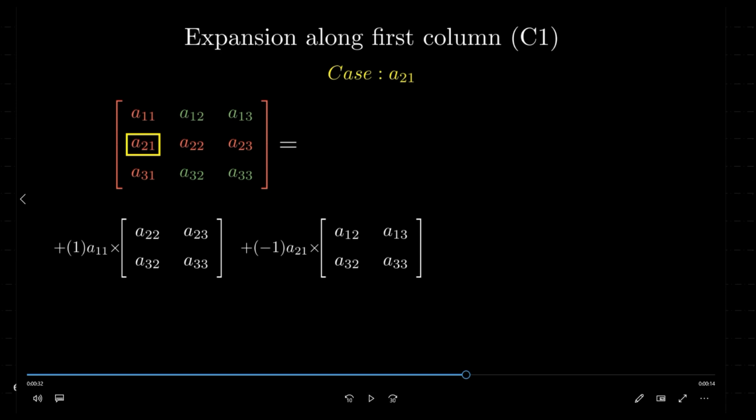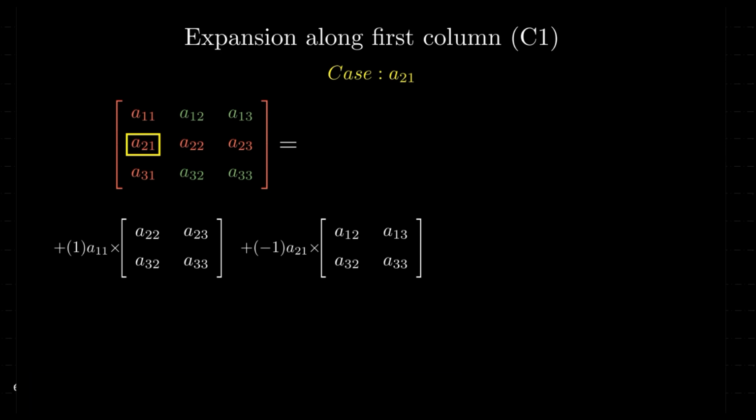And here the power is negative because 2 1 has a position of odd, in a sense 2 plus 1, so we have negative. And finally, A31. 3 plus 1 is 4, so it's a power of even. So minus 1 will become 1 and A31.